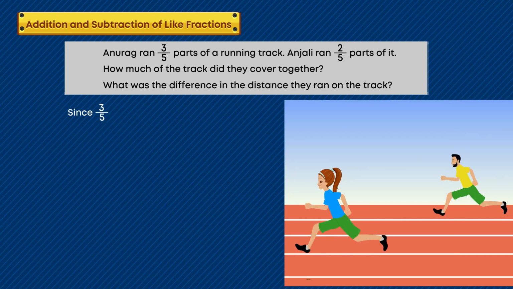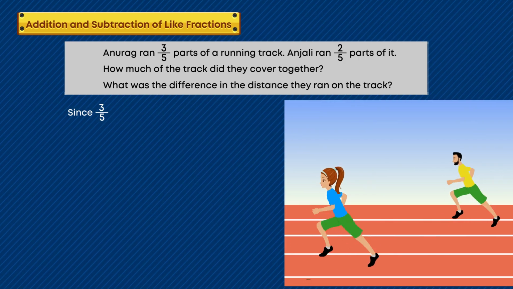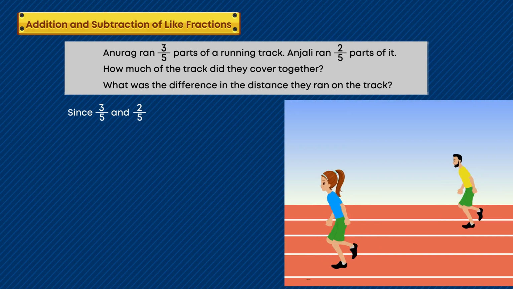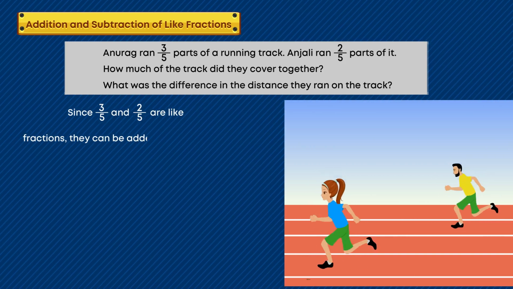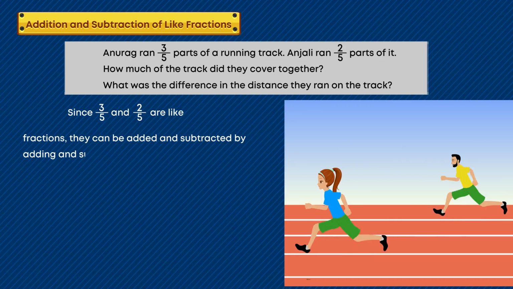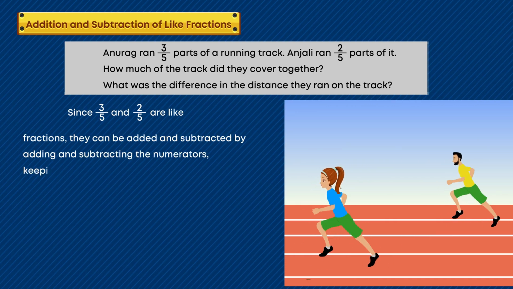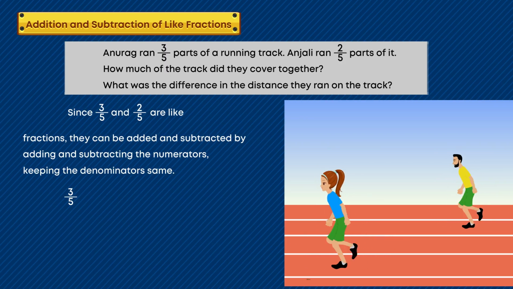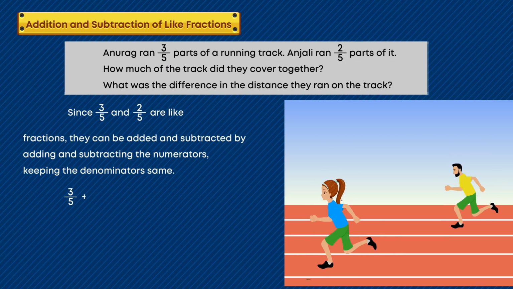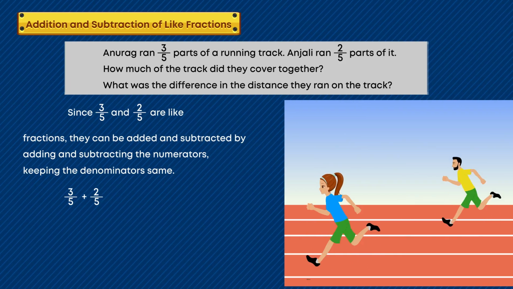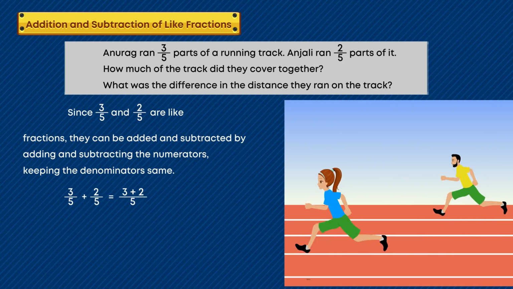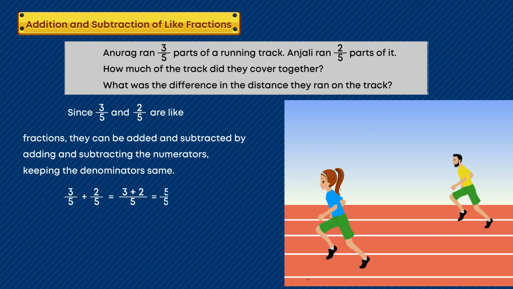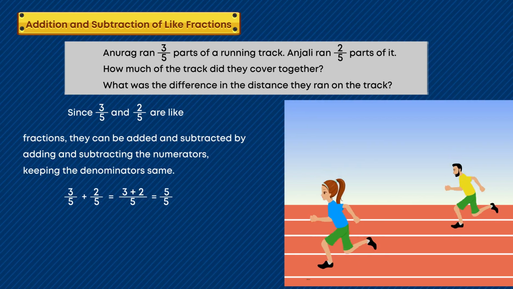Since 3 by 5 and 2 by 5 are like fractions, they can be added and subtracted by adding and subtracting the numerators, keeping the denominators the same. 3 by 5 plus 2 by 5 is equal to 3 plus 2 by 5 is equal to 5 by 5.